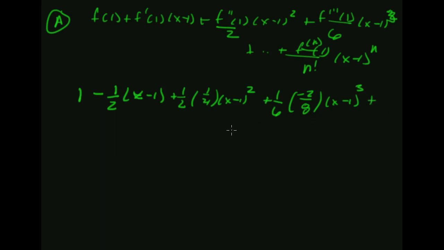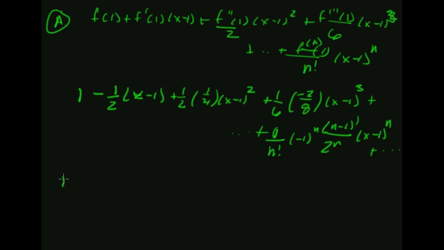And then we need the general term, right? Which we're working out to be negative 1 to the nth. Well, we need a 1 over n factorial, right? Because that's the n factorial there. So 1 over n factorial times negative 1 to the nth times n minus 1 factorial over 2 to the nth times x minus 1 to the nth, right? And then we keep going.